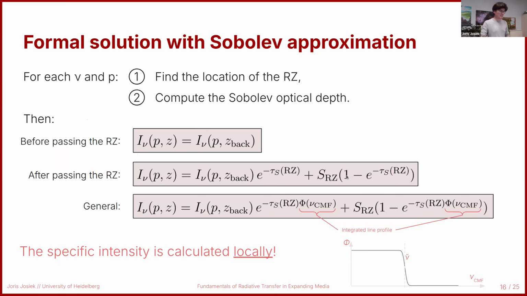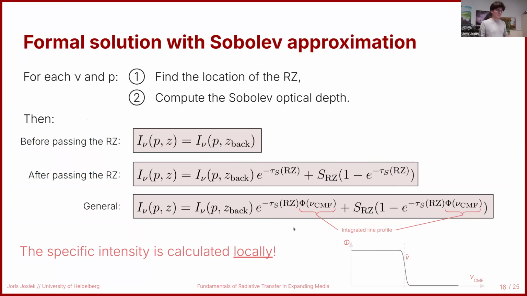And in general, you can see both are combined in this general equation where you include this so-called integrated line profile, which is basically 0 before passing the resonance zone and 1 after passing the resonance zone. And then it's relatively easy to see how you can reproduce both equations.